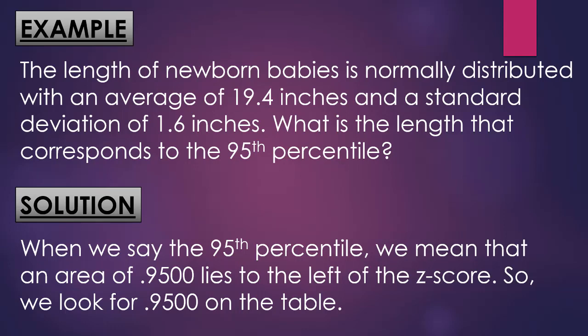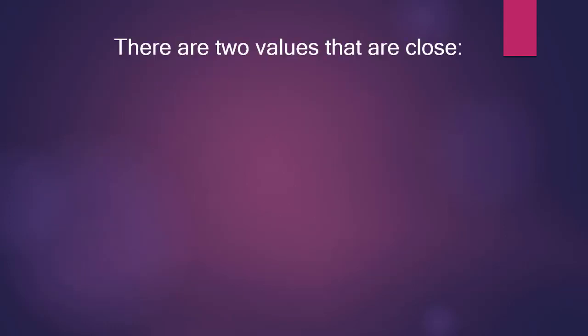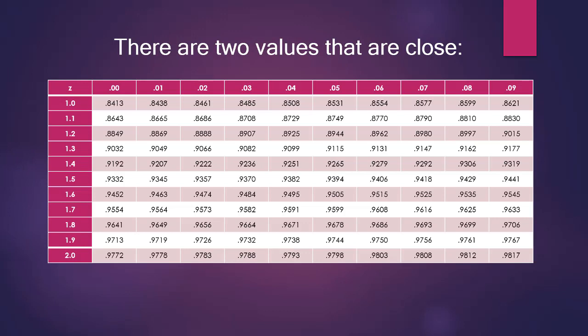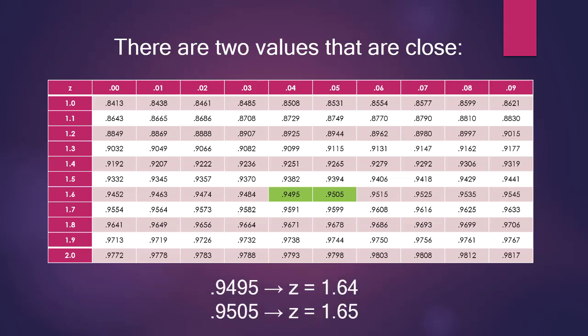So here's a little cutout of the table. And we don't find 0.9500, but there are two values that are close. It turns out that 0.9500 is directly in the middle of these two, right? So we're going to go ahead and take their average. So what's halfway between 1.64 and 1.65?